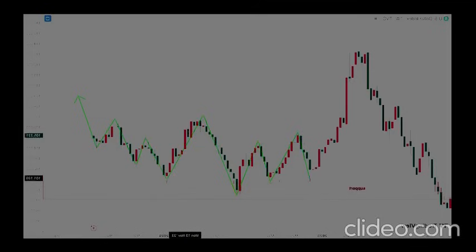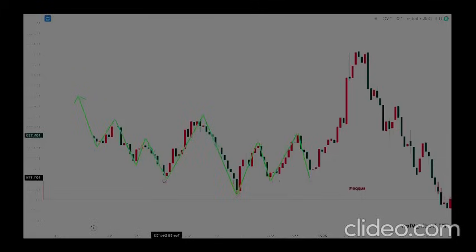Then we are still expecting the market to push up or to proceed with the uptrend.